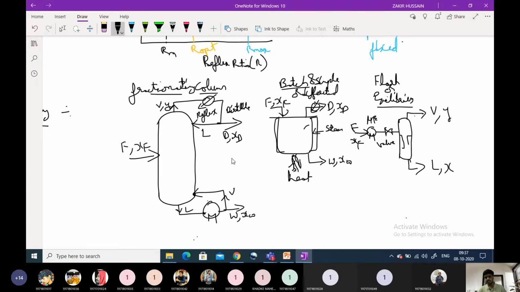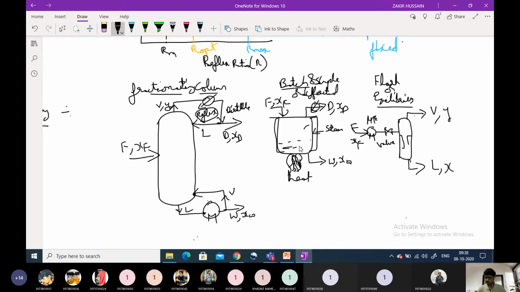So the major distinction is, since this is a continuous operation, we are sending part of the liquid which is coming out back. So reflux is the major distinction between these distillations. Now if you see the mechanism, we are applying heat to this distillation column.